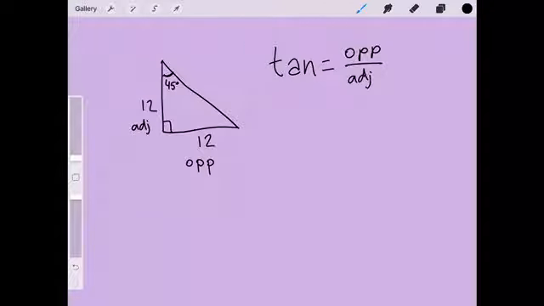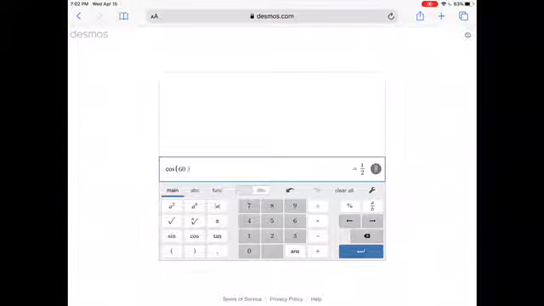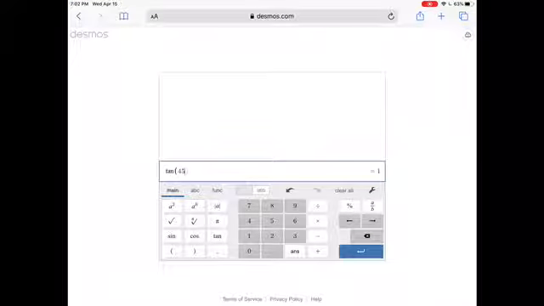So we're going to make an equation using the angle: tangent of 45 degrees equals the opposite side's value, which in this case is 12, over the adjacent side's value, which in this case is 12. 12 divided by 12 equals 1. Let's find out what the tangent of 45 is. Go over to Desmos, find the value of tangent of 45. Let's check. Clear. Tangent 45 also equals 1.